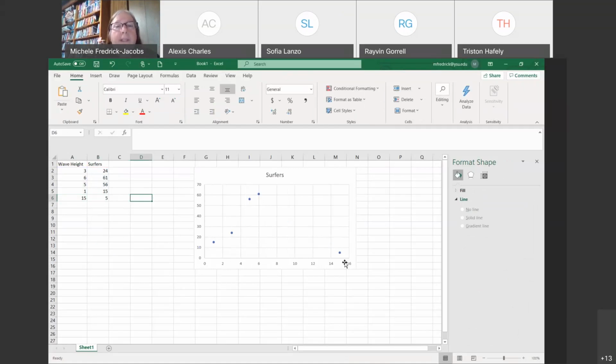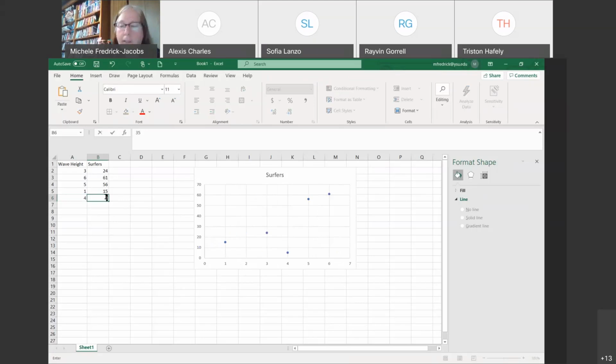But that can happen. I'm going to put it back. What was it? 4 and 35. So if we were going to draw a trend line, we would draw one that went right through the middle of this. And when we click on trend line, we'll see that it does.